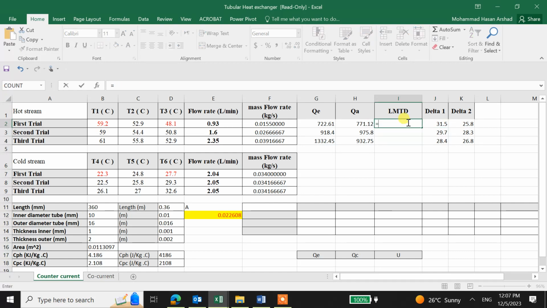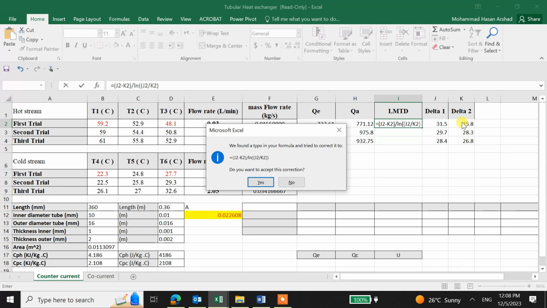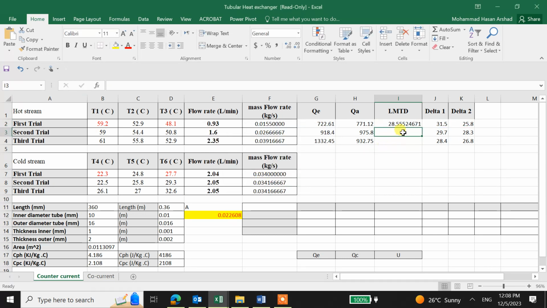Again, delta T1 minus delta T2 divided by Ln of what? Ln of delta T1 divided by delta T2. Okay, so this is the LMTD.